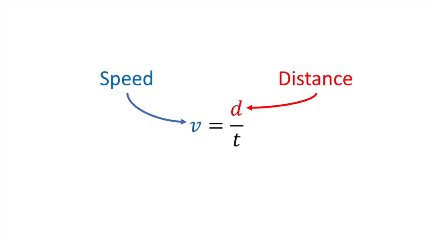For example, if we look at a familiar equation, speed is distance over time, where here the algebraic symbol v represents speed, d represents distance, and t represents time, each of these algebraic symbols inherently carry a number and also a unit.